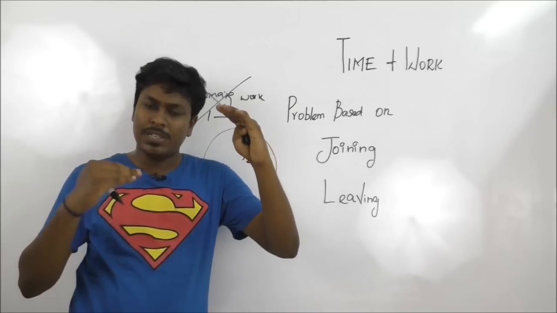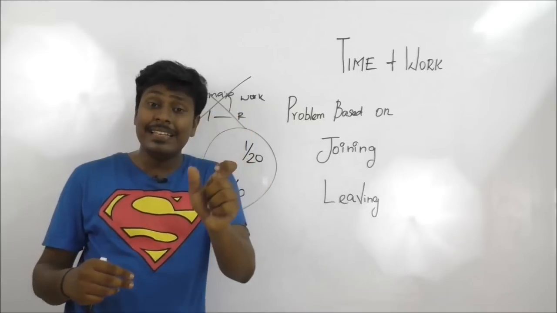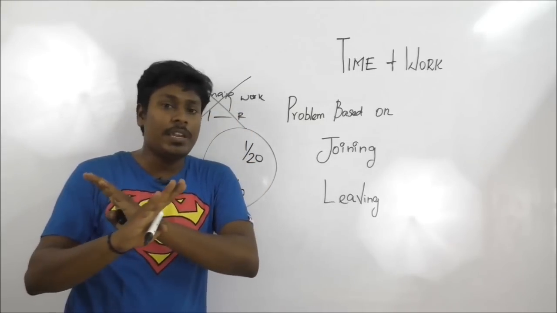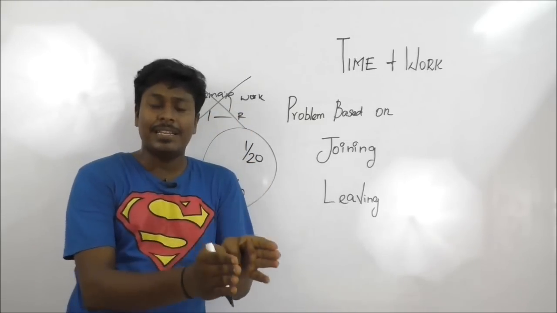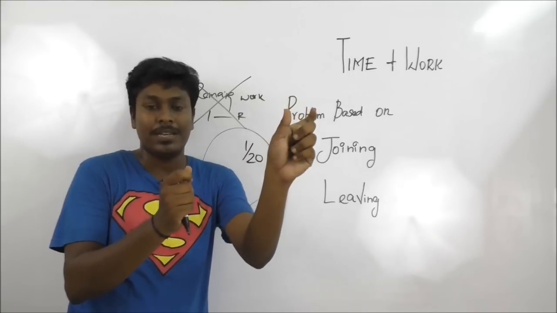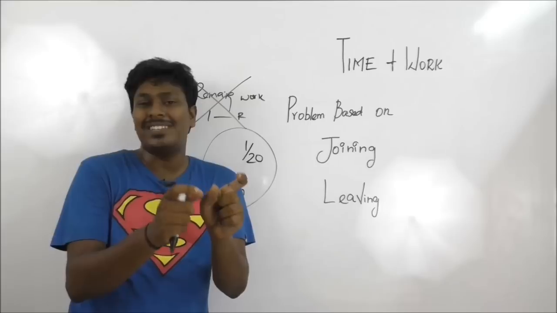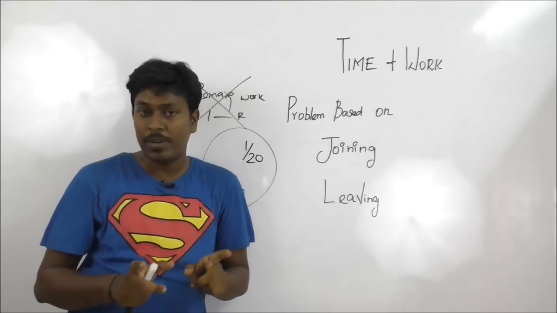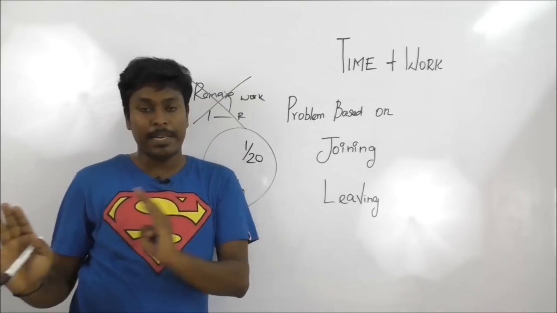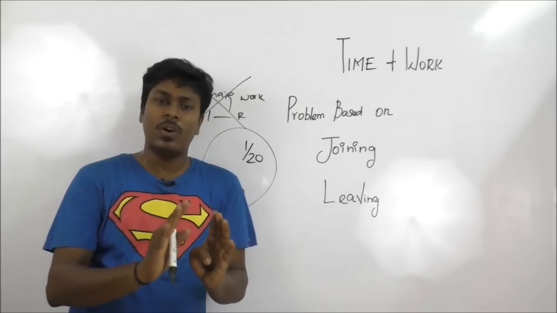If you read the 4 or 5 line question, it clearly says that the entire job is finished. They are not leaving the job midway, and they are not asking what the remaining work is. In 99% of the questions, they are asking in how many days the job gets completed, right? This is the important concept.